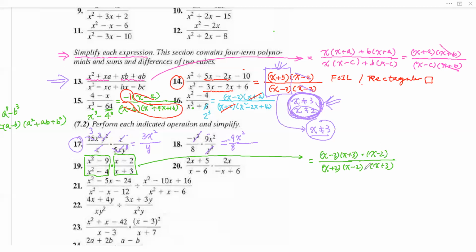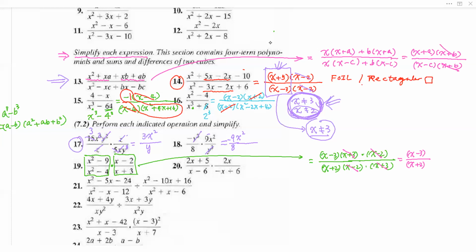Now we find the common factor: x plus 3, x plus 3, x minus 2, x minus 2, right? So what's left is the leftover. That's it. Don't consider it too complicated. When you know the principles, when you know the logic behind rational expressions, you can easily figure out what's going on, right?